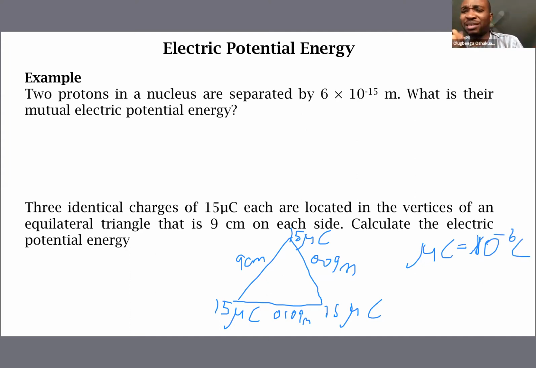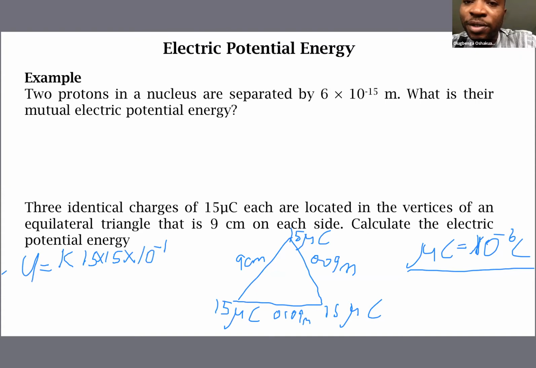So from there we can say that our potential energy U will be K times 15 times 15 times 10 raised to power minus 12, divided by 0.09, and we'll do this for Q1 and Q2, Q1 and Q3, and Q2 and Q3. So it's as good as multiplying everything here by 3.